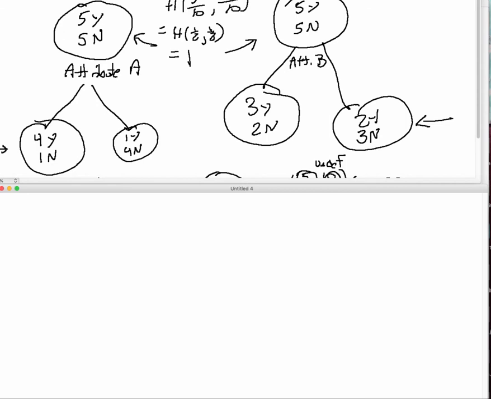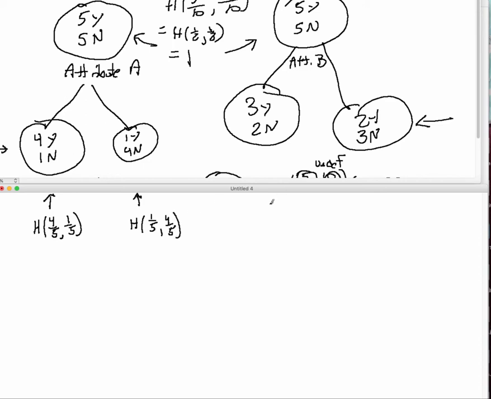So the entropy of this node right over here is going to be H of 4/5, 1/5. And the entropy of this node over here is going to be H of 1/5, 4/5.